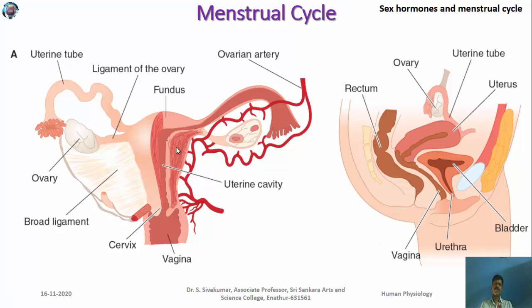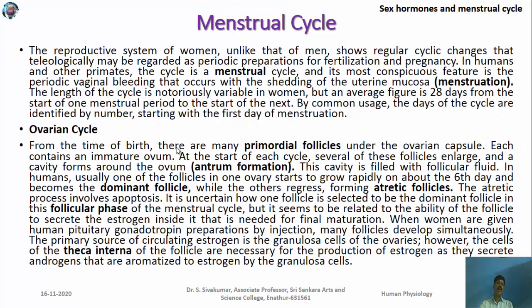Whenever you talk about the menstrual cycle, it has two phases. So what is menstruation? It is nothing but the release of the unfertilized egg every 28 days. If the egg in a woman is not fertilized, then the unfertilized egg is released, and there is also damage to the uterus wall.